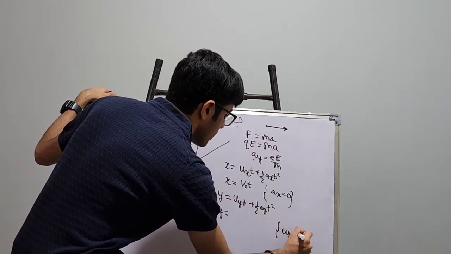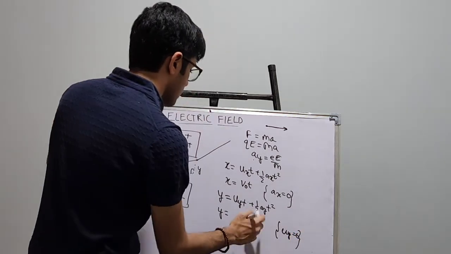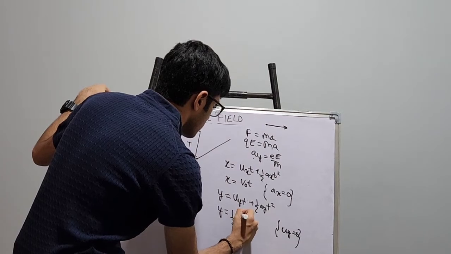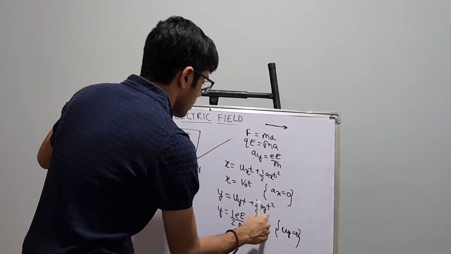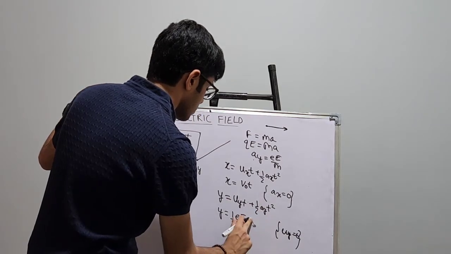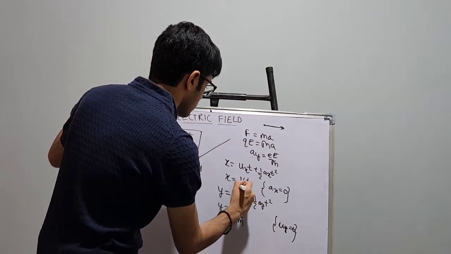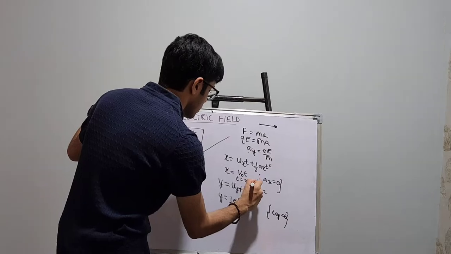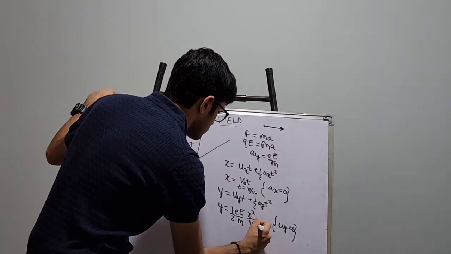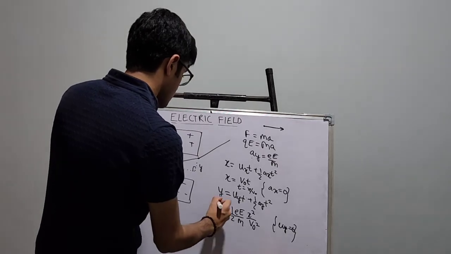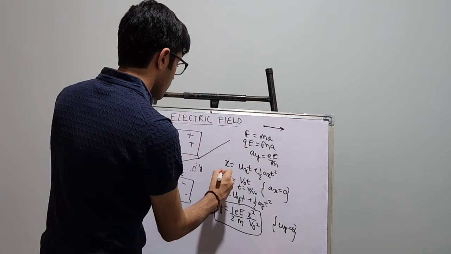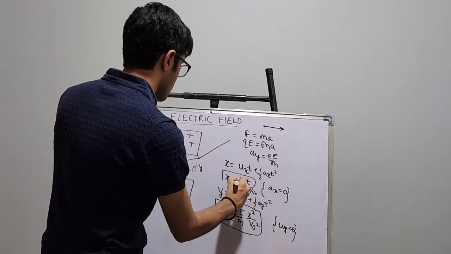This is half. ay is eE by m, and t squared here is, t is x upon v naught. So t squared would be x squared upon v naught squared. So this is the equation for y, and this is the equation for x.